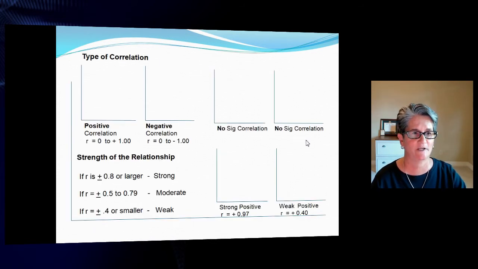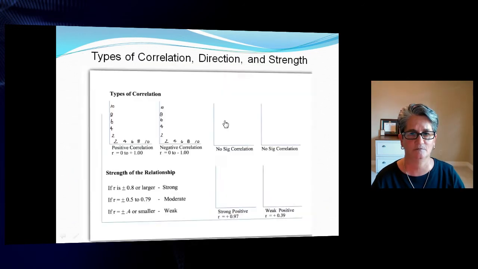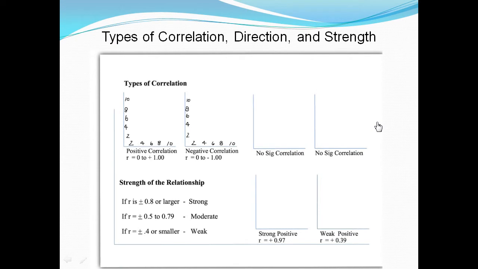We'll be exploring now the types of correlation and the strength. In order to determine what type of correlation exists, we look at the direction of the linear relationship. For example, a positive correlation occurs when both variables increase in value or if both decrease in value.